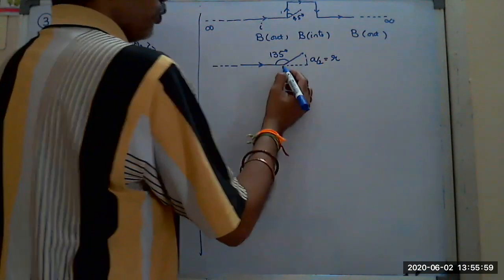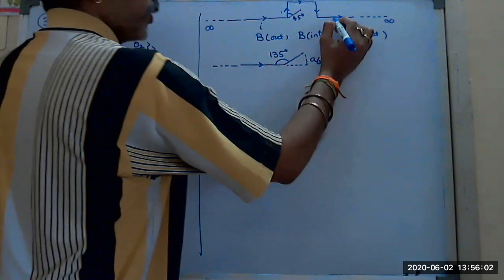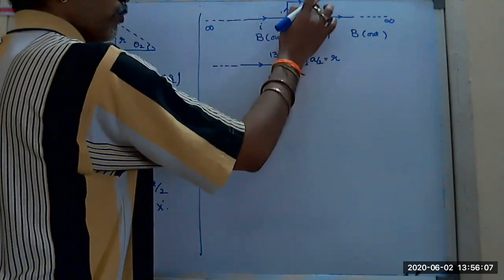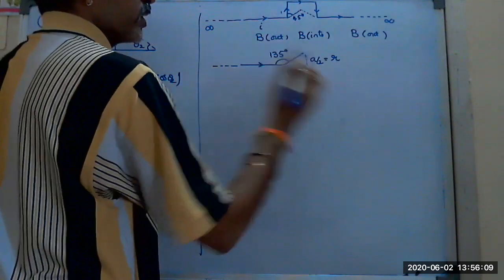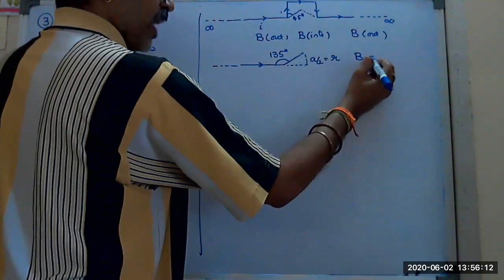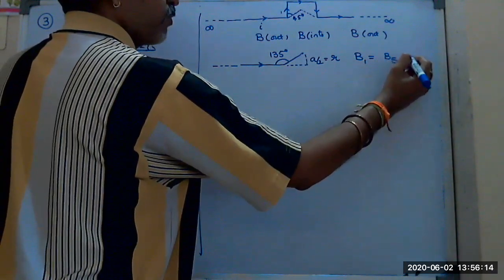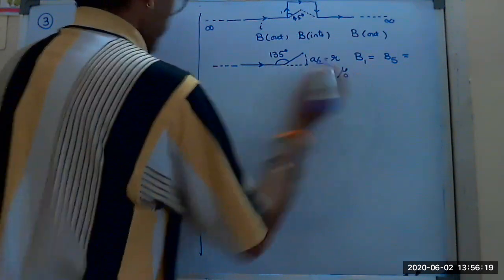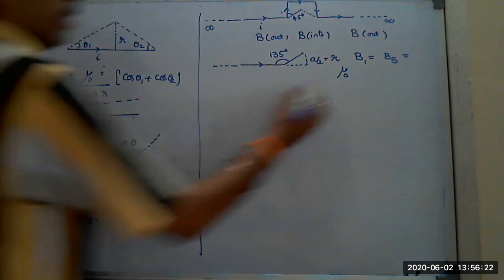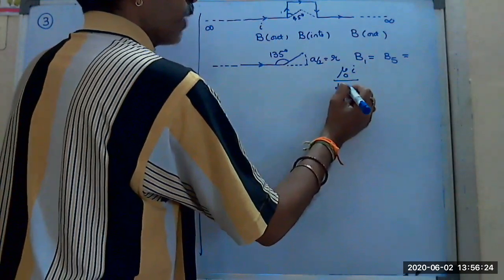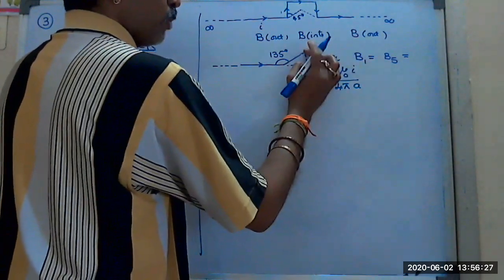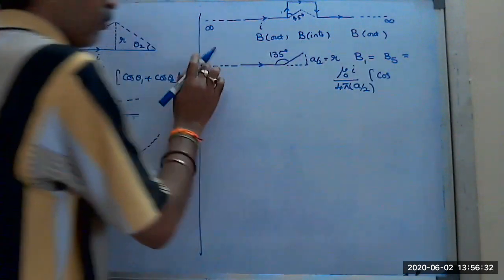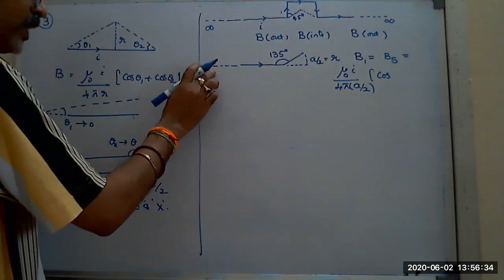So due to the first part or due to the last part also, if you consider them as 1, 2, 3, 4, 5 parts total, altogether 5 parts. What I am saying, B1 as well as the fifth part, B5 is equal to, I am writing according to the formula, mu naught I by 4 pi r, with a by 2 as the perpendicular distance, into cos theta 1, and theta 1 is infinite.